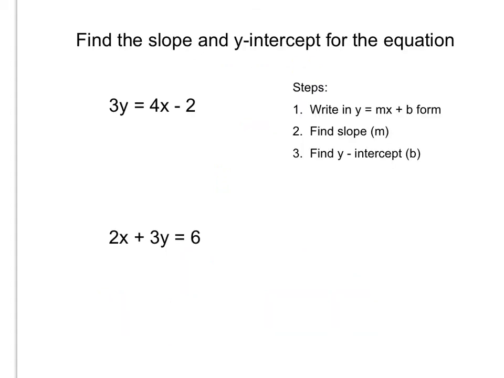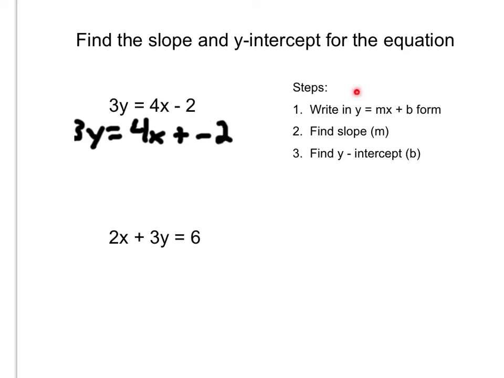Okay, so now we're going to use these kinds of equations to find the slope and y-intercept for the equation. So steps. The very first thing we have to do is write it in y equals mx plus b form. Okay, so notice it's plus b. So like we told you all along, you'll want to change subtraction to addition first. So I'm going to have 3y equals 4x plus negative 2. Okay?